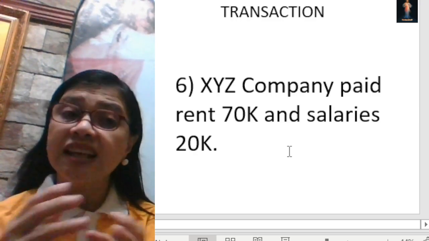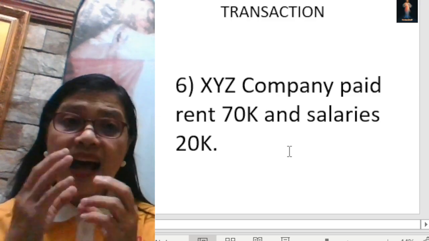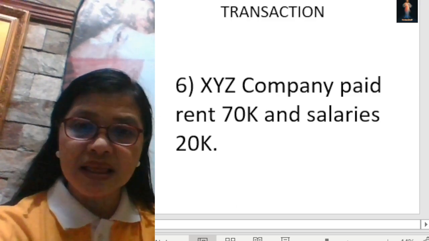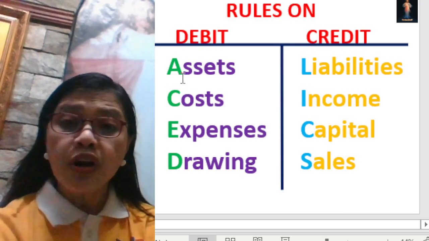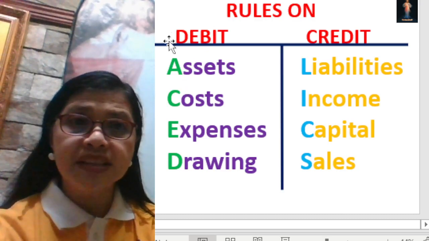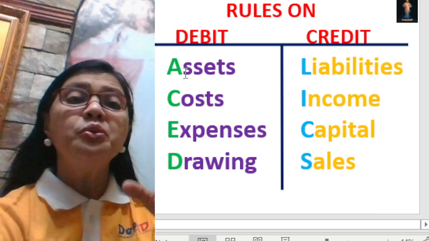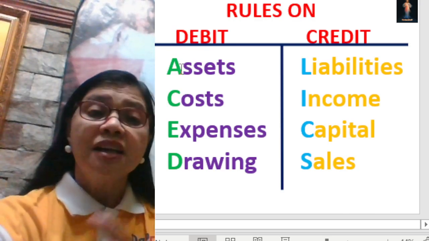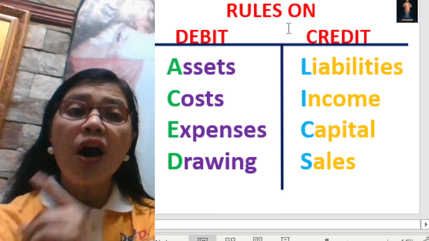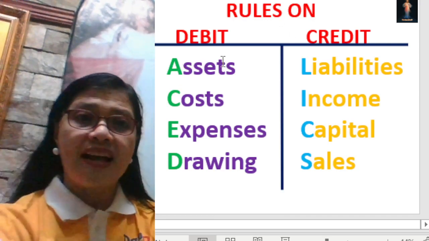And cash is an asset account, and an asset account has a debit balance. Cash has a normal debit balance, but because you will reduce your cash because you need to pay for your expenses, what do you do? You do the opposite. You credit your cash.